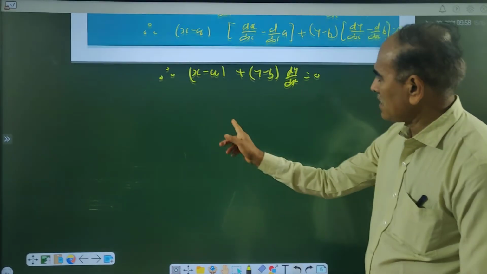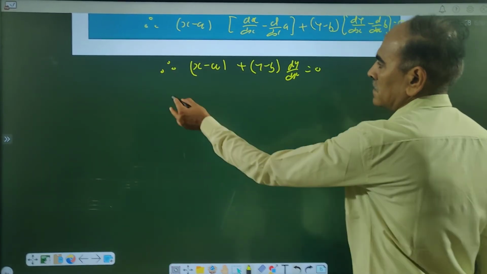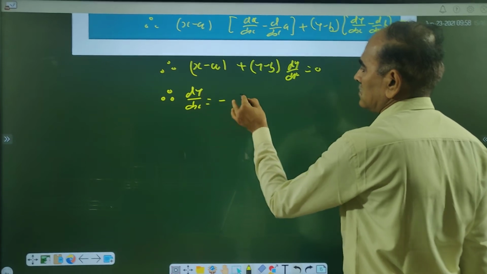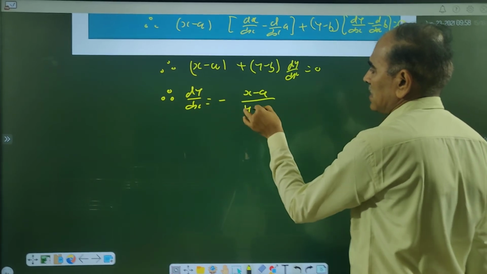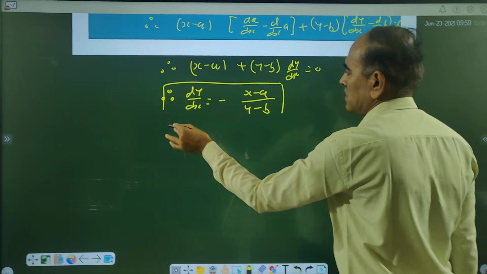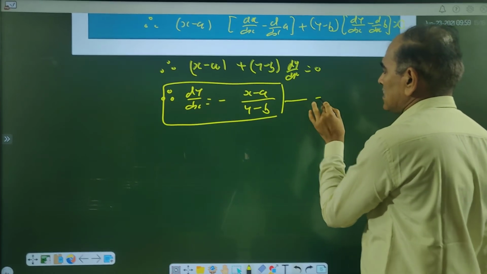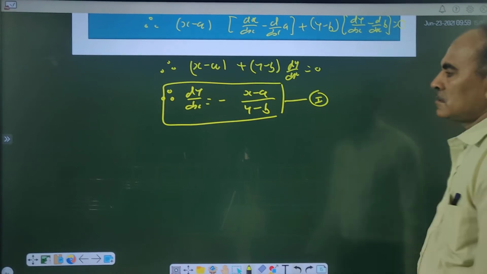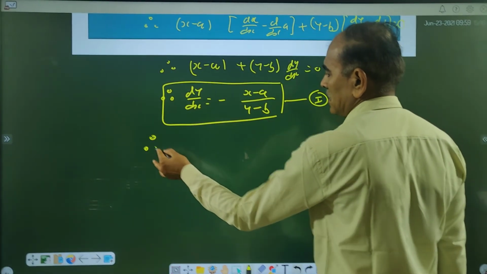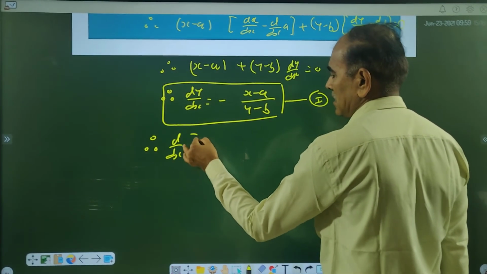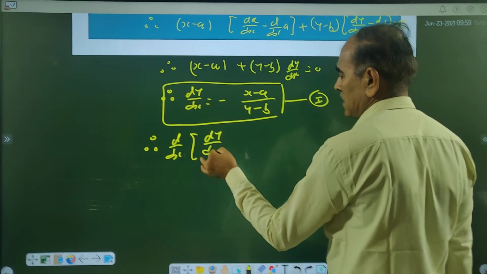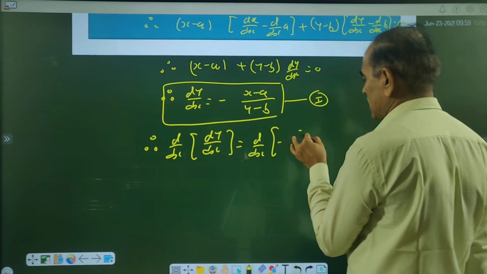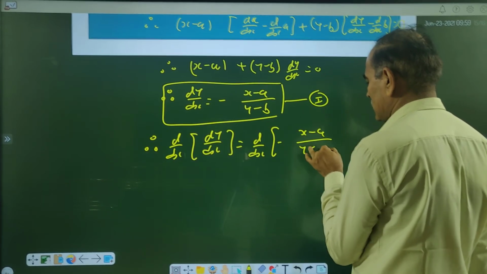So what is dy by dx? Therefore, dy by dx is minus of (x minus a) over (y minus b). So this is result number 1. Sometimes we are going to use it. And therefore, what is the second derivative? d by dx of dy by dx is equal to d by dx of minus (x minus a) over (y minus b).